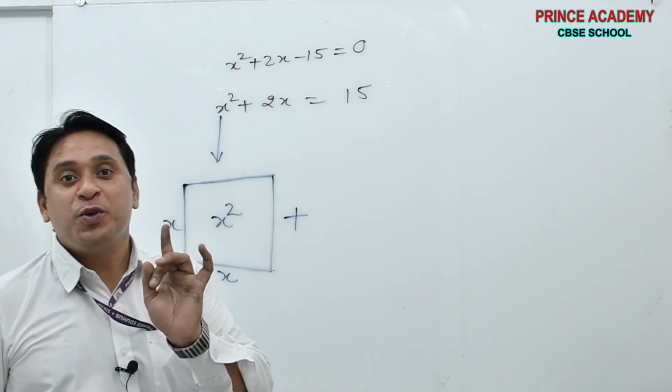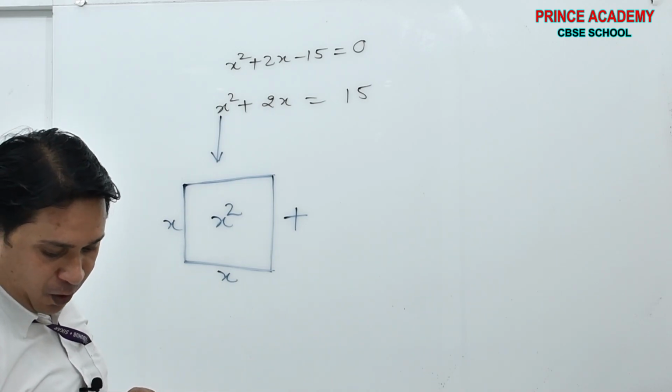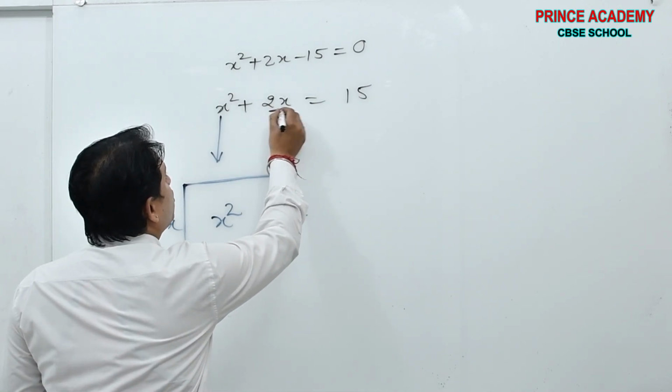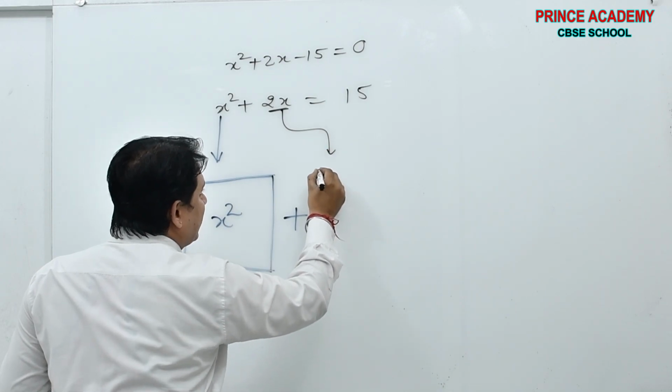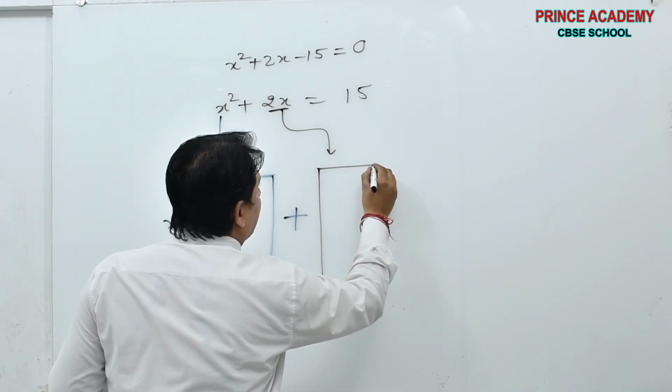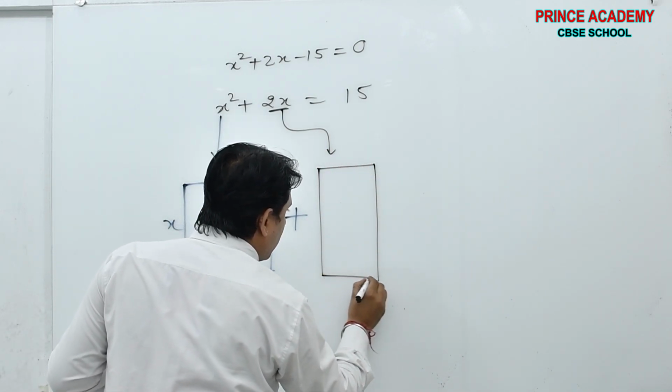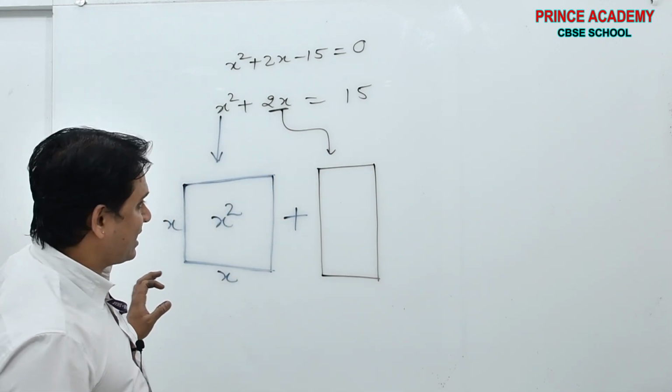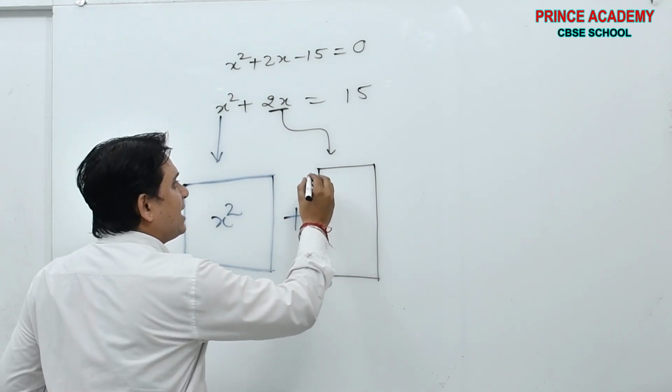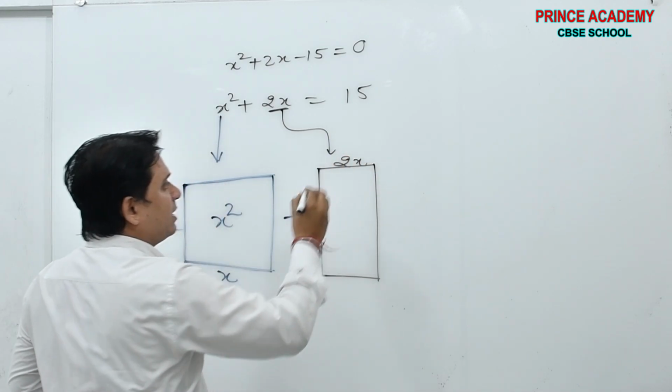Plus. Now you see. Suppose this 2x is represented by a rectangle whose this side is x and this side is 2x.